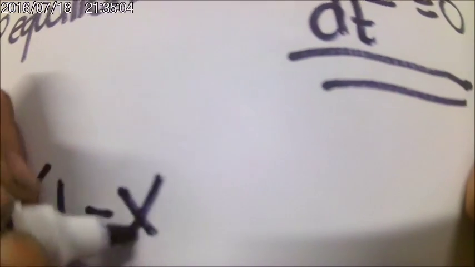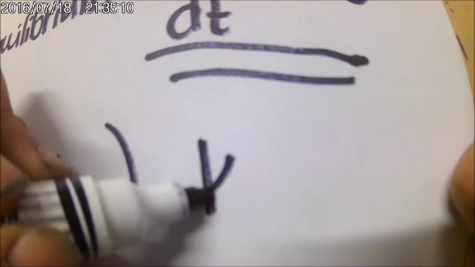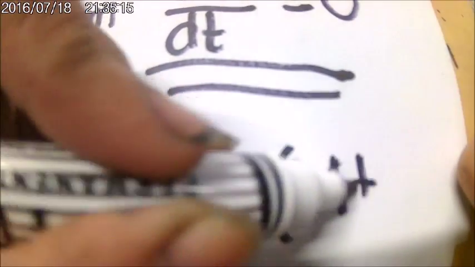So we assume the reaction to be at equilibrium: 0 is equal to k1 (1 minus XAE) minus k2 (M plus XAE).